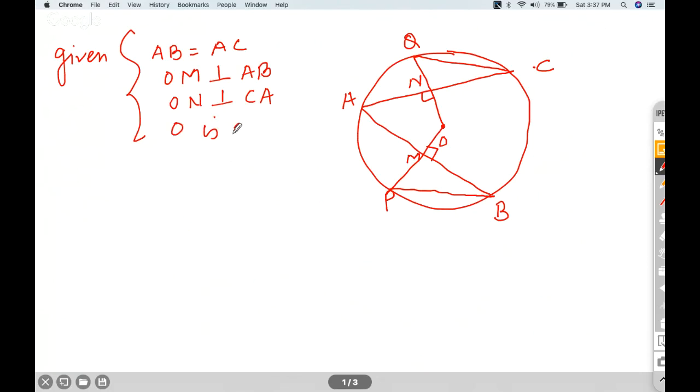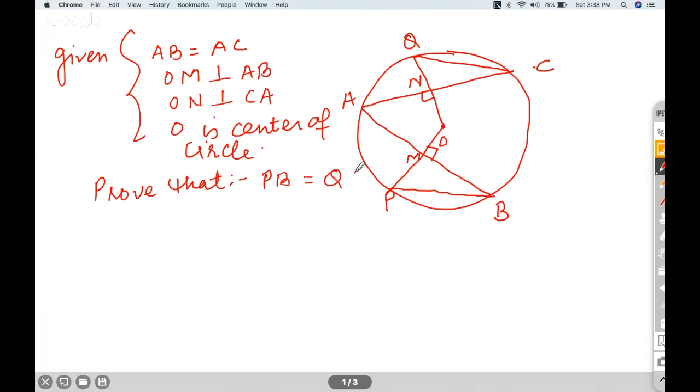O is the center of the circle. Prove that PB is equal to QC.